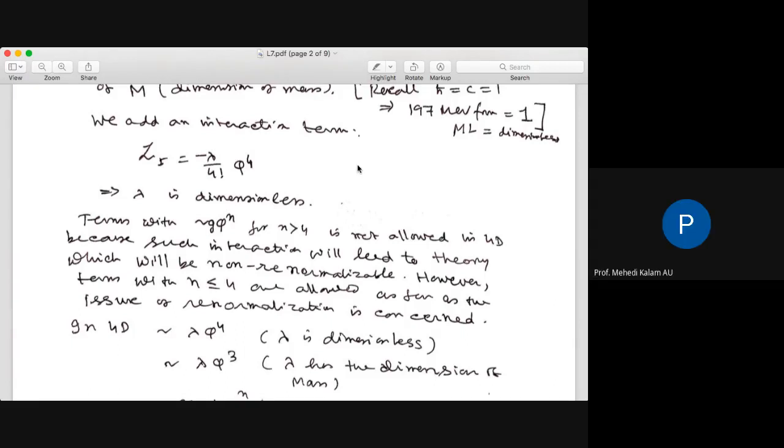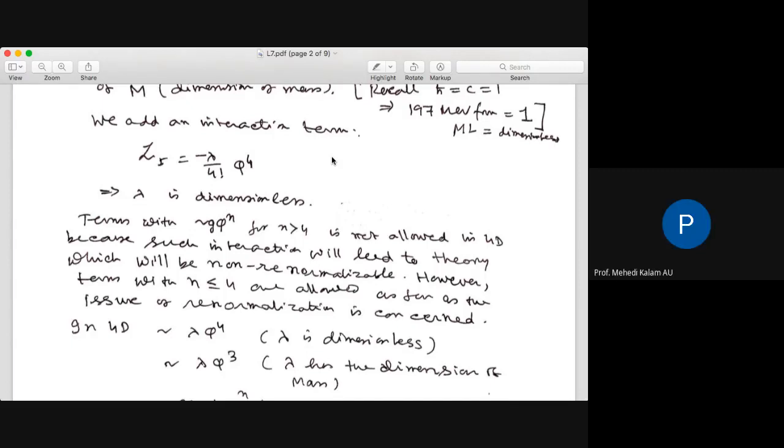Now you may ask, why should I take the momentum tends to infinity? You have to, because if you take a finite momentum, suppose you are doing investigations from 0 to some finite value, then you can go to another Lorentz frame, and momentum is not a Lorentz invariant quantity.